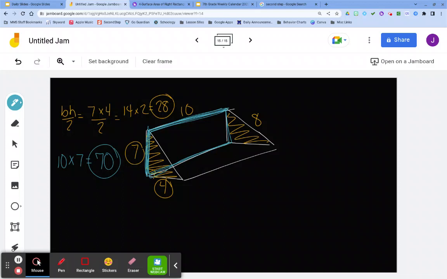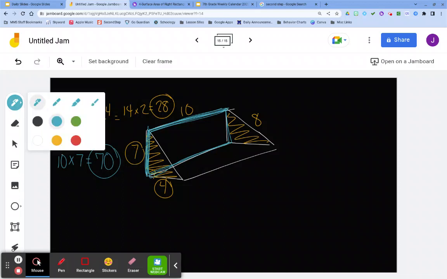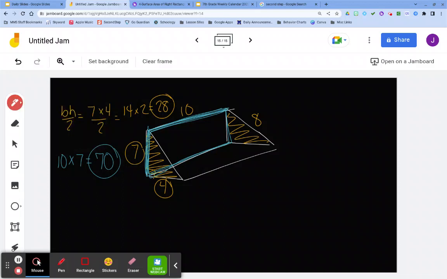So we've got our next area. So we've got the triangles, we've got the back. Now let's do the top of it, which would be from here to here. Okay, so we've got 10 times 8. So 10 times 8 will give me an area of 80.